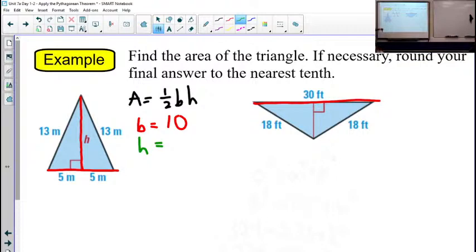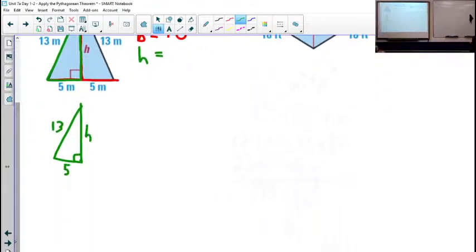Well, luckily, we've got a right triangle here where we know all the other sides. This is 5 and this is 13. I don't know what this is. So I've got a right triangle. I know two sides. I don't know the third side. That sounds like a job for the Pythagorean theorem.